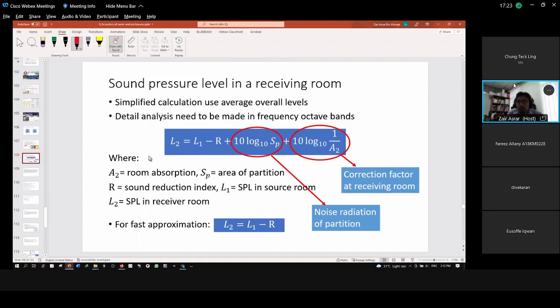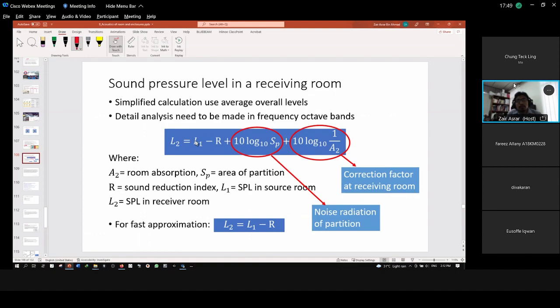In a room, certain areas will have a different sound pressure level compared to other areas. It depends on the room arrangement as well. But we are talking about the average value here. We are assuming that after some time, the sound pressure level will diffuse and be at a steady state level. So this L2 is an average overall level in the receiving room.